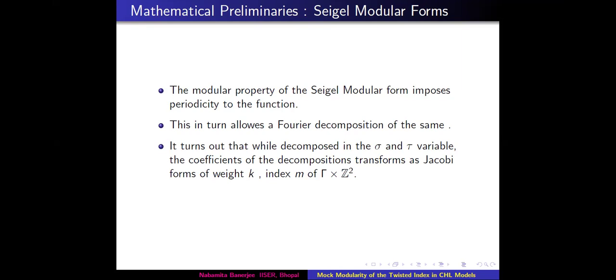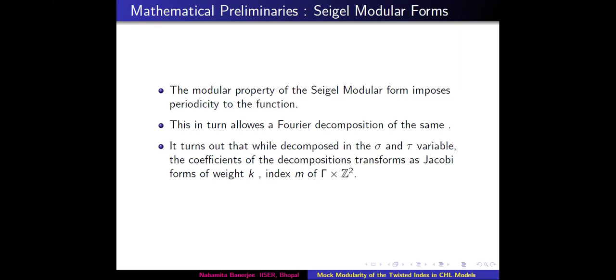So what I'm trying to say is that this phi or 1 over phi can actually be expanded as some function of sigma, tau, and z times the exponential of 2 pi i m sigma, where there would be constants on m. This is phi_k. So this particular decomposition is guaranteed by the first line.